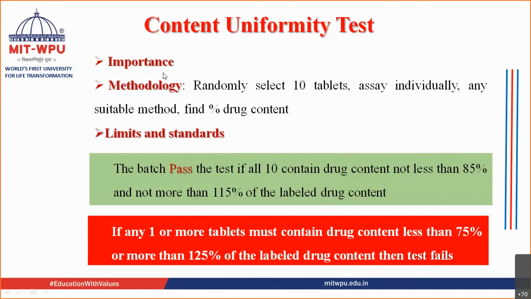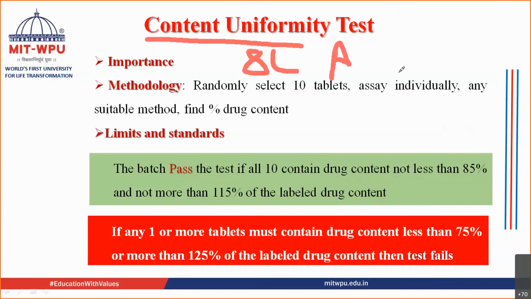So in content uniformity, you find out the uniformity of the content, that is the active ingredient. You decide whether your active ingredient is uniformly distributed in all the tablets. If you have manufactured 8 lakh tablets, each and every tablet should have uniformity in active ingredient.